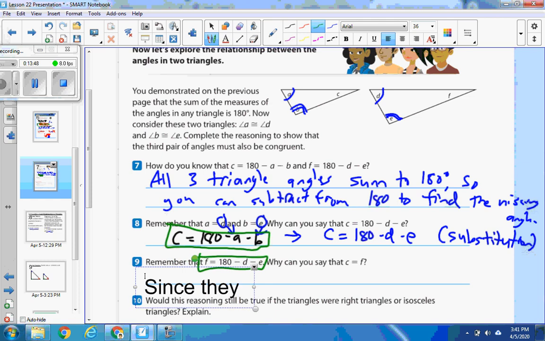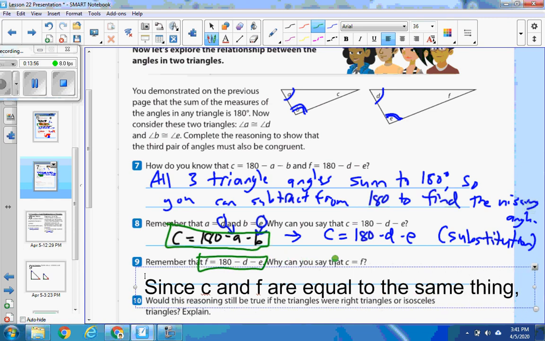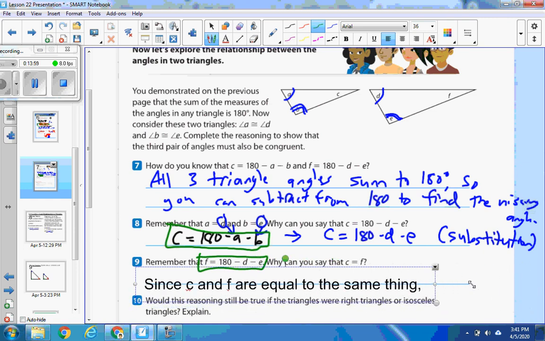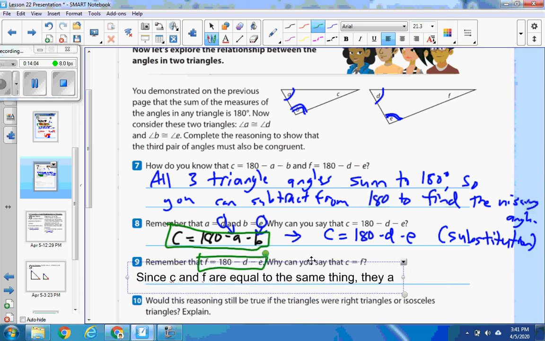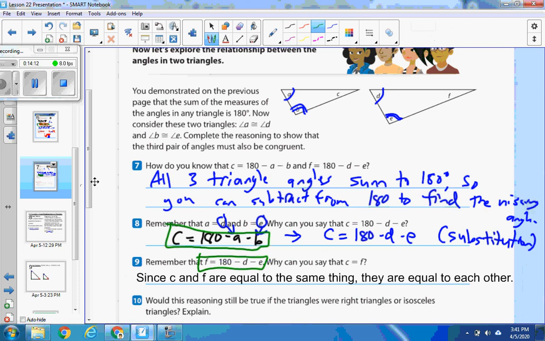Since C and F are equal to the same thing, they are equal to each other. It's kind of like saying if person A has $100, person B has $100, then person A and B have the same amount of money.